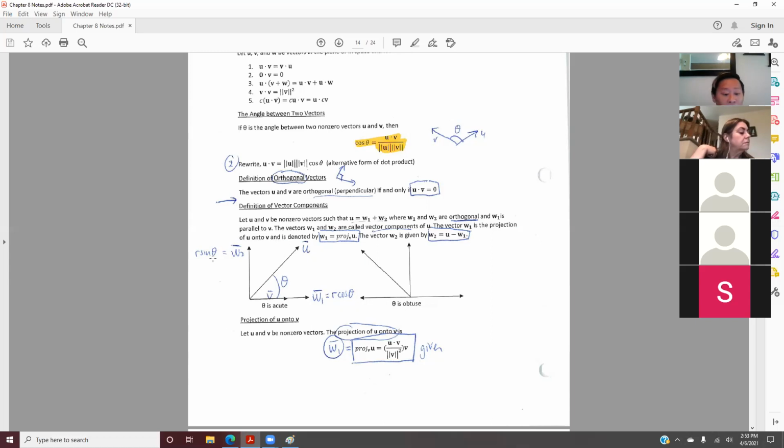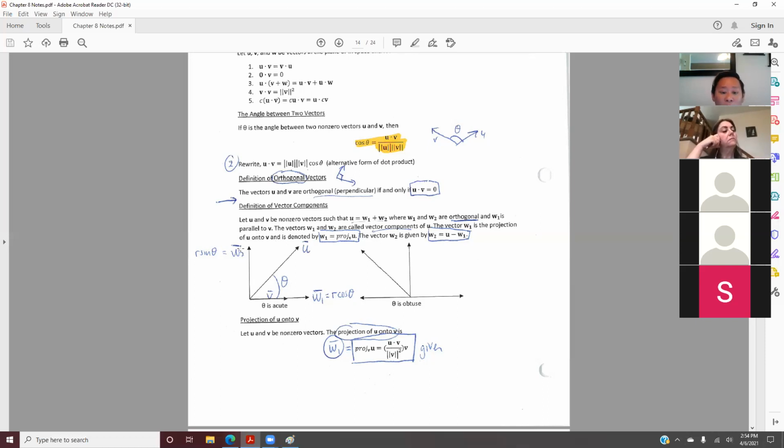The reason why is because of what you learned in your last section 8.3, that your horizontal component is always in the cosine. Remember, your x is r cos, always in cosine, and your y is in sine. So that's why your horizontal component, your w1, is r cosine theta, and your w2 is r sine theta.